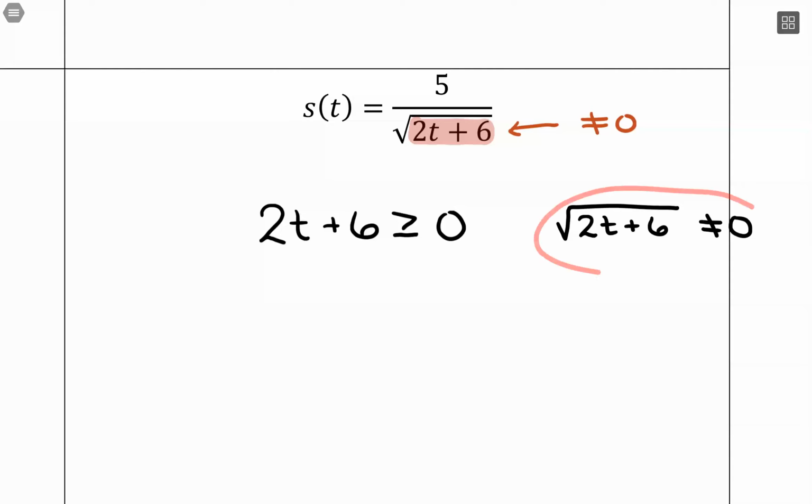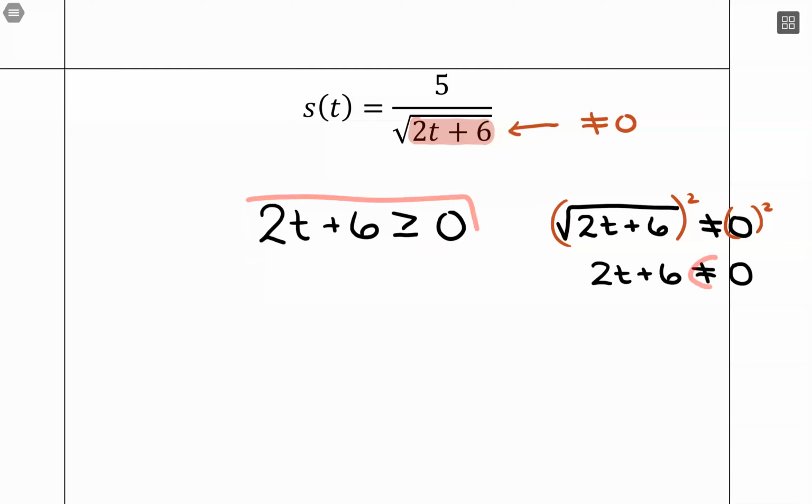I'm going to solve that first piece, and then I'm also going to look at the square root of 2t plus 6 cannot be equal to 0. And actually, I'm going to start with the equation piece, because I'm going to square both sides of the equation, which would give me 2t plus 6, and that cannot equal 0. And then what you can notice with that is these look super similar now. The only difference is the symbol in between: here I'm saying it can be more than or equal to 0, and here I'm saying it cannot equal 0.